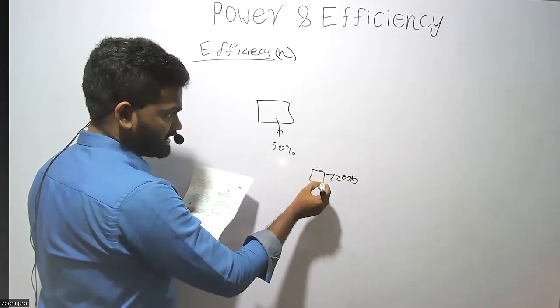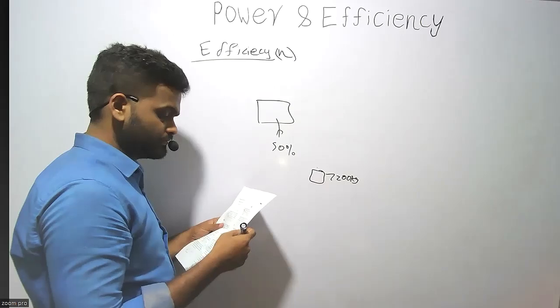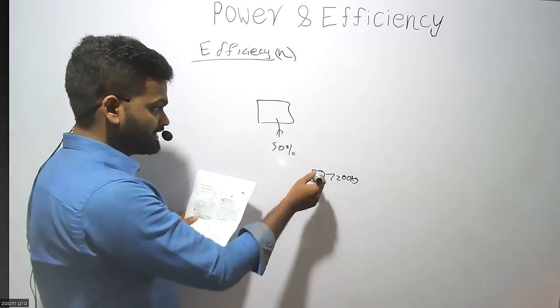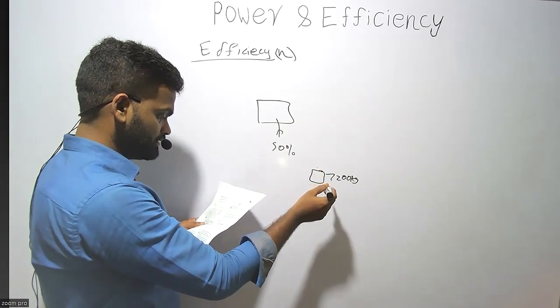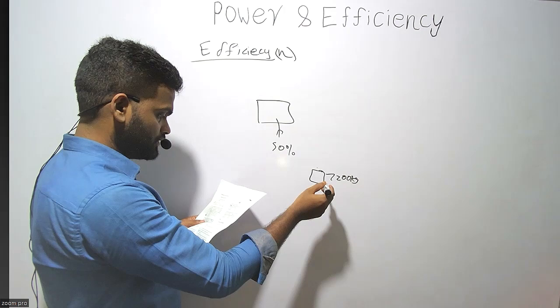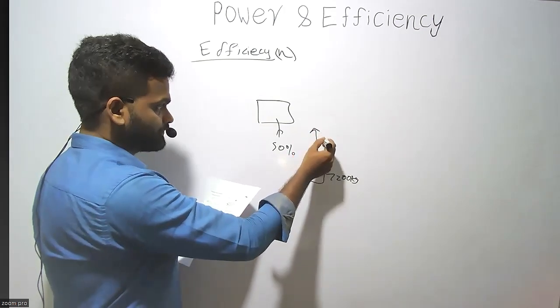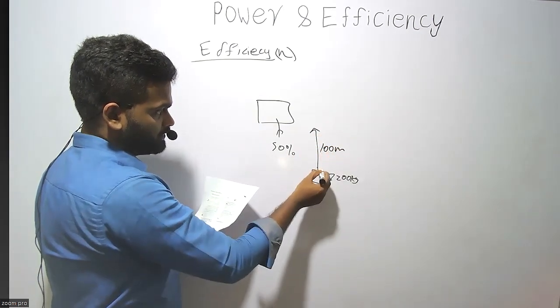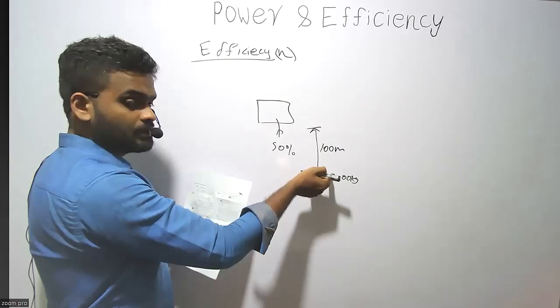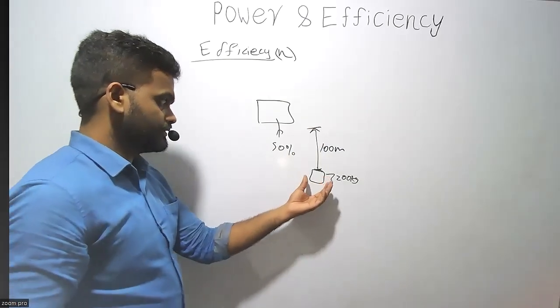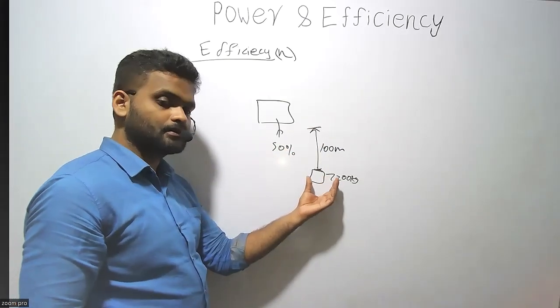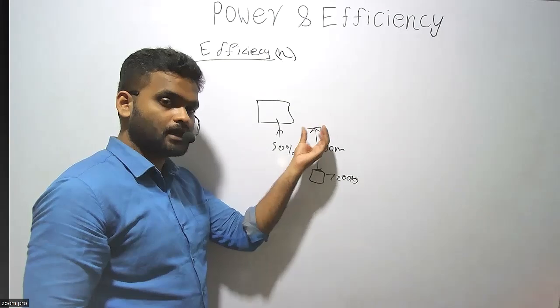Let's say this is the mass of water. And it is lifted to a height of 100 meter. So this is the useful work, right? The motor is used to lift water to a 100 meter height.